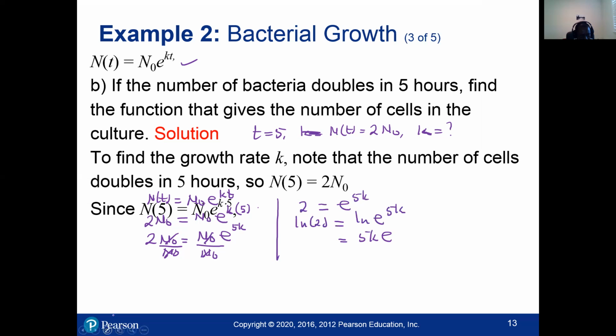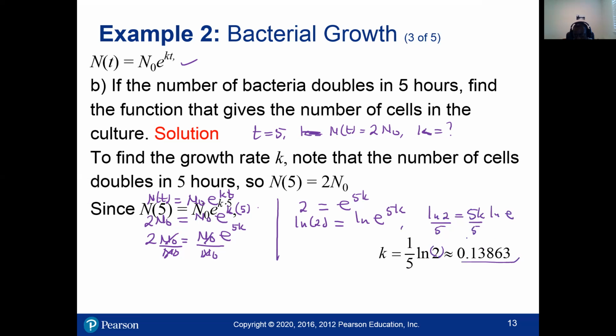Natural log of 2 is equal to 5k natural log of e, and we know that is equal to 1. So if we divide by 5, it means that our k is equal to natural log of 2 divided by 5, which is approximately, to 5 decimal places.